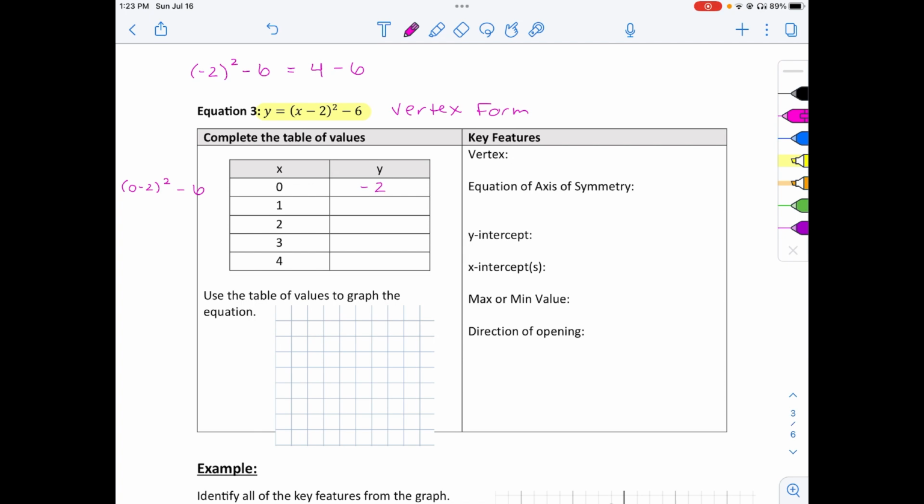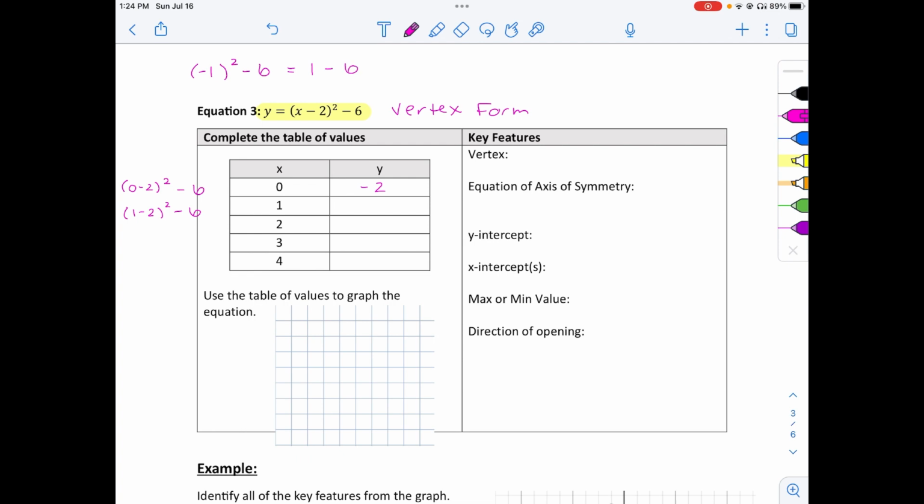Then we're going to keep doing the same thing. So when x is 1, we will have 1 minus 2 in the brackets. Square it, subtract 6. Okay, so then here we would have, so 1 subtract 2 is -1. We're going to square it, then subtract 6. So -1 squared is -1 times -1, which is +1.